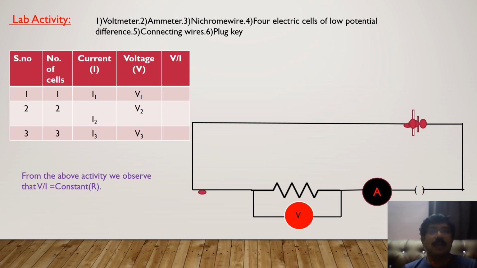So the graph of potential difference to current is always a straight line. You can find the unknown resistance of the material using the graph also. This is all about Ohm's law.